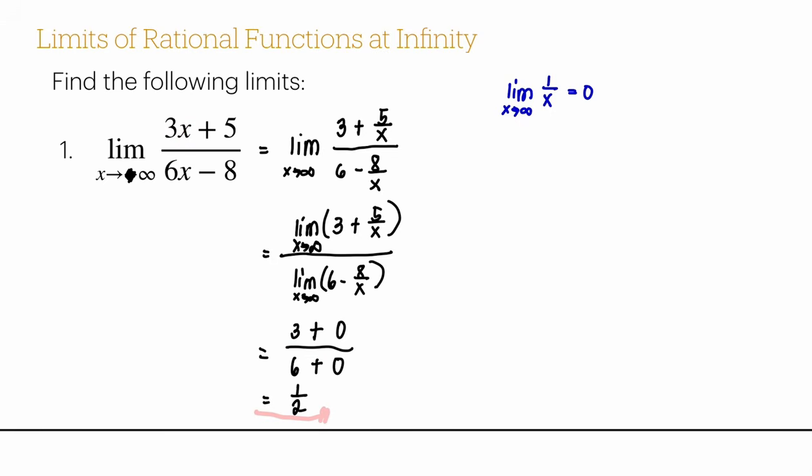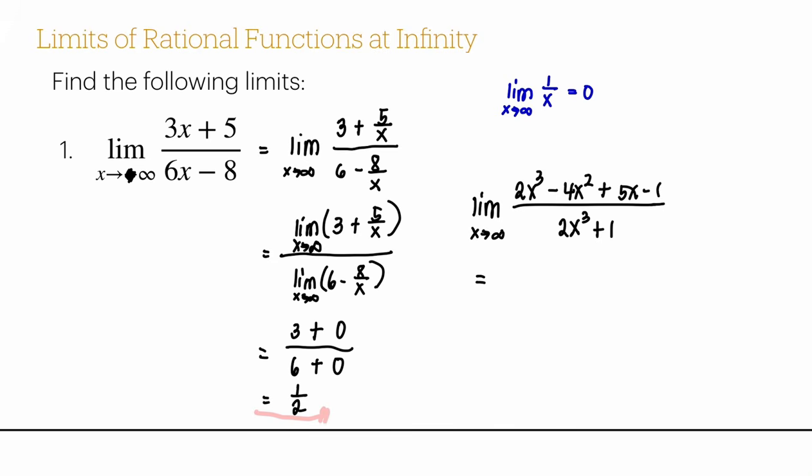Should we have written the limit of, for example, 2x cubed minus 4x squared plus 5x minus 1 over, for example, 2x cubed plus 1 as x approaches infinity, because the degree of the polynomial in the numerator and denominator are equal, it's just 3, then we are simply going to look at their coefficients.